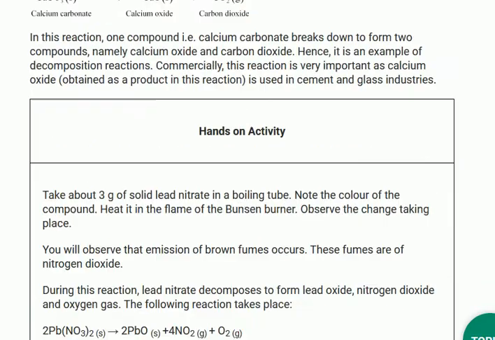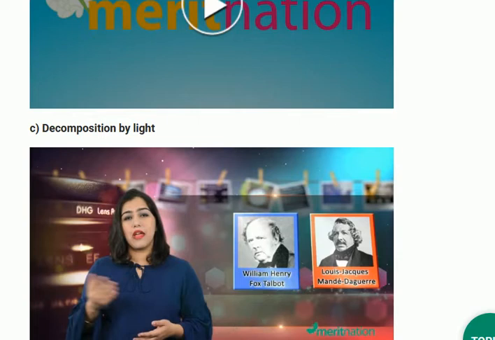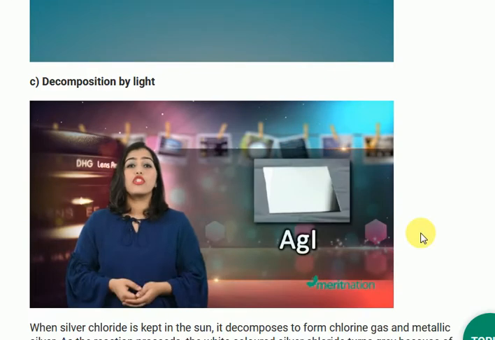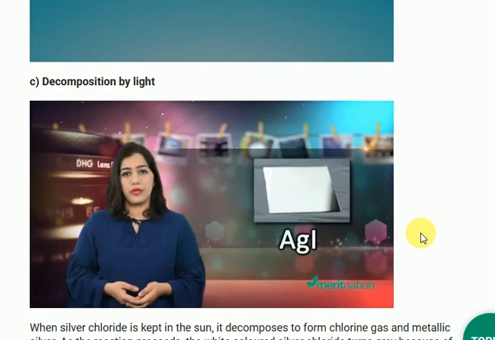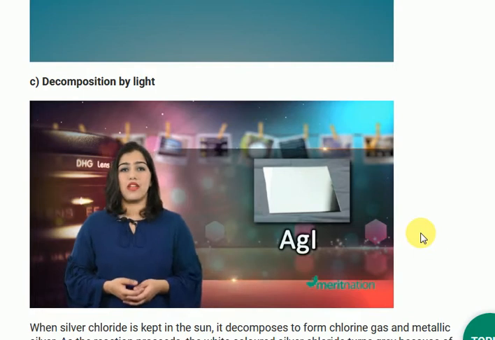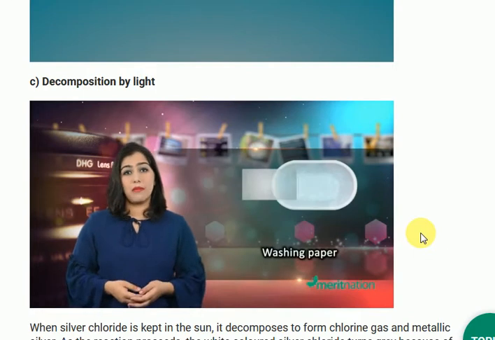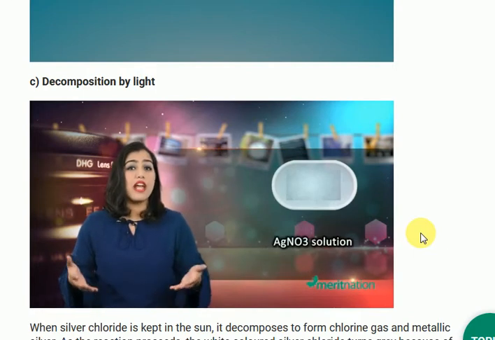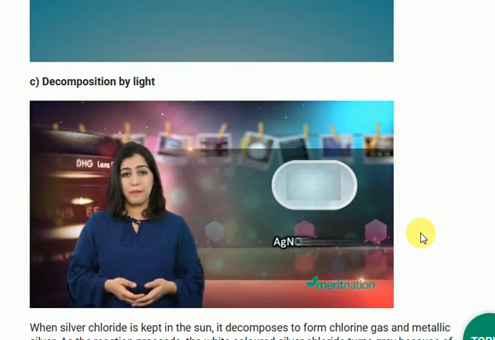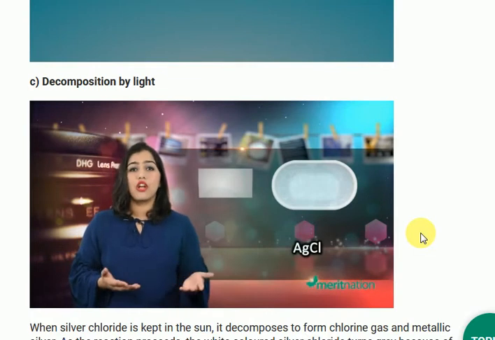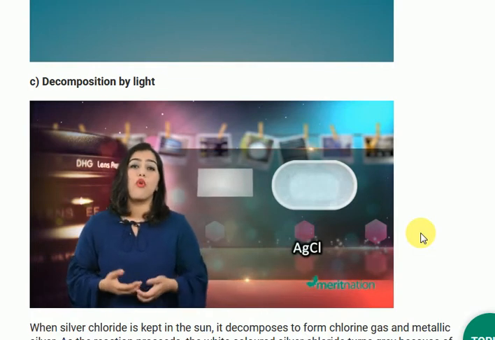In Daguerre's method, a silver plate coated with silver iodide was used, while in Talbot's method, a washing paper dipped in salt water and silver nitrate solution was used. This led to deposition of silver chloride in the fibers of the washing paper.